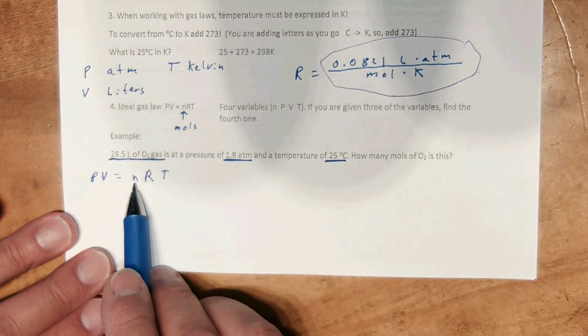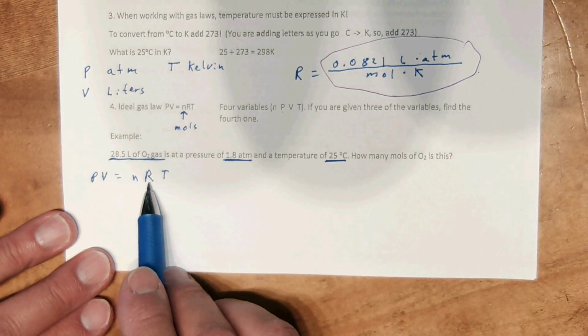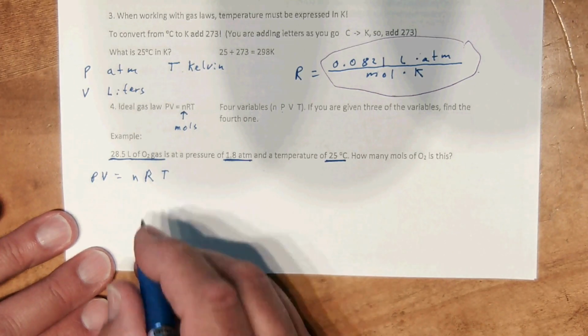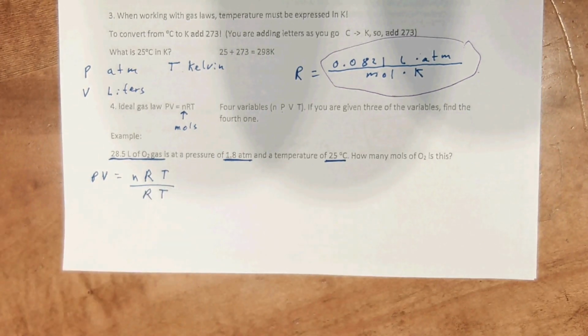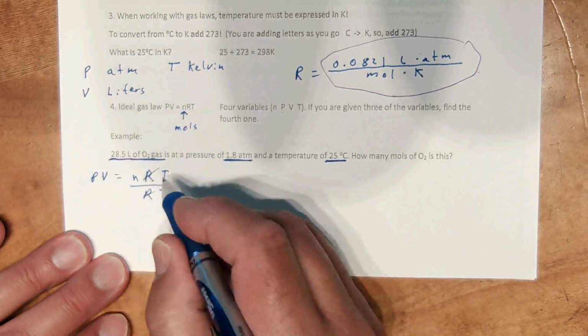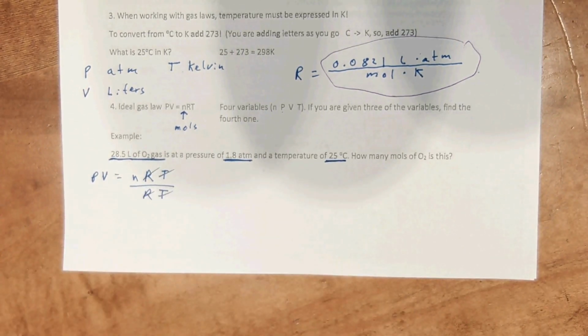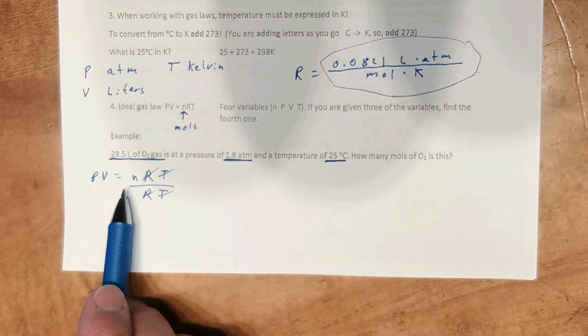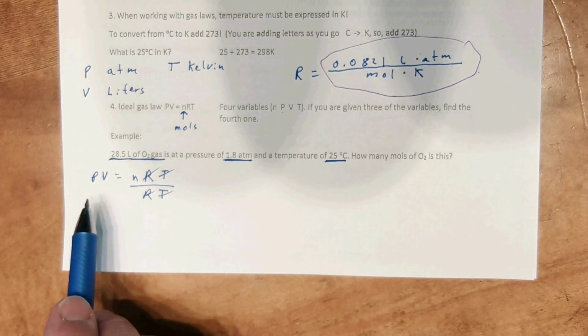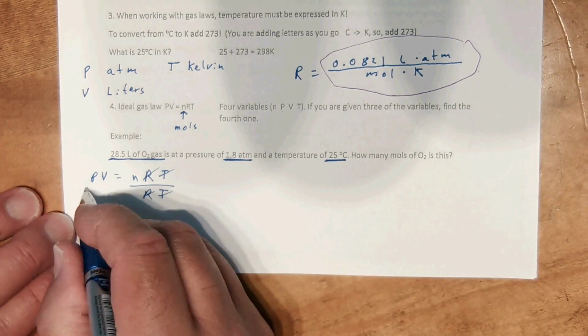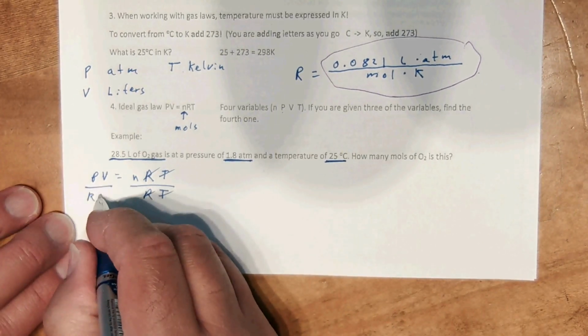That means we want n to be living all by its lonesome on one side of the equal sign, which means I got to get rid of R and T. How do I get rid of R and T? I divide by them. That way, R cancels out, T cancels out. Well, if I divided this side of the equation by RT, I have to divide the other side of the equation by RT.